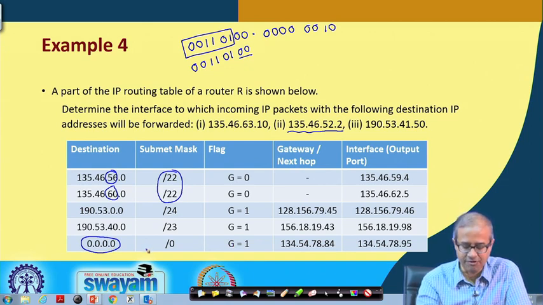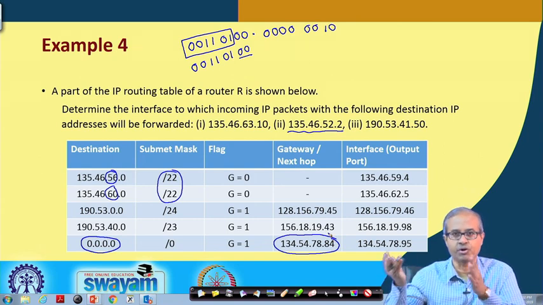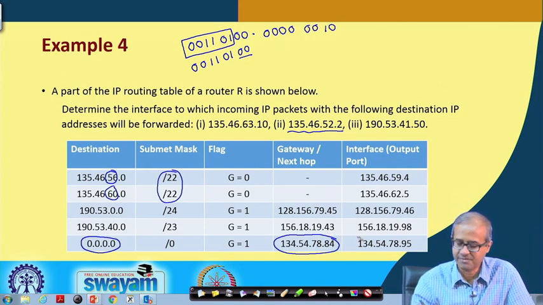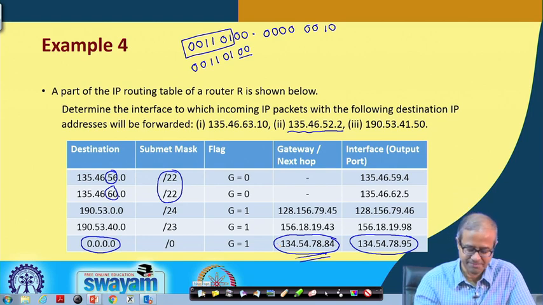So, if it is default, you normally send the packet to the border router who will be sending it to the outside world. So, here through this interface the packet will be forwarded to this next hop, and from there it will go in the right direction.